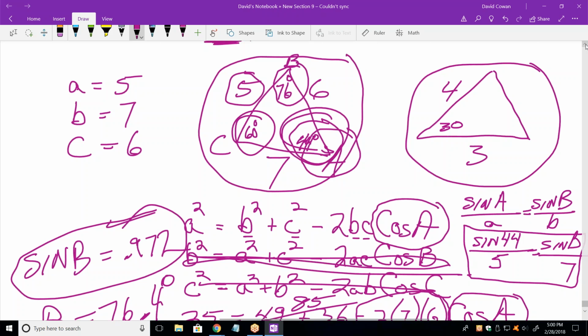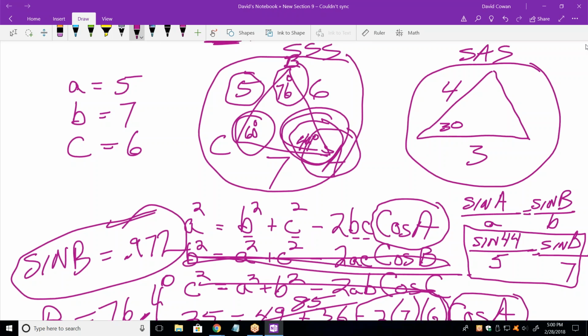Okay. Now, I've got to go, but I just want to tell you there's only one other situation where you have to start out with the law of cosines, and that's this one over here, where you have side, angle, side. So it's side, side, side, or side, angle, side. Those are the only ones that go with the law of cosines.